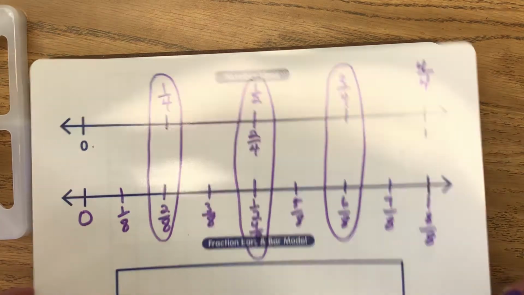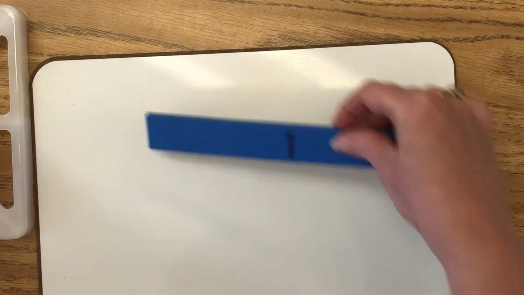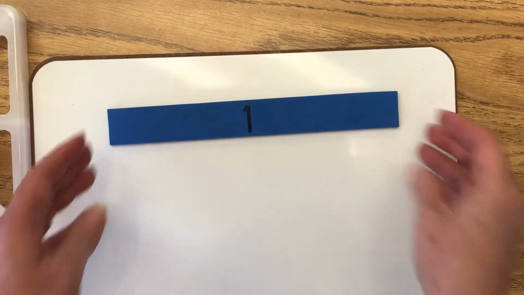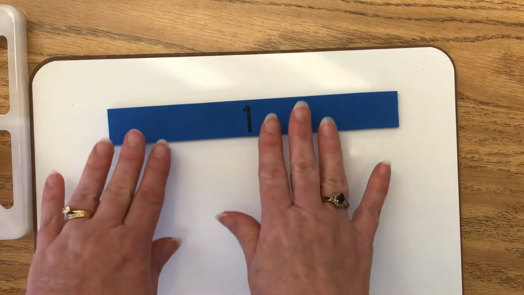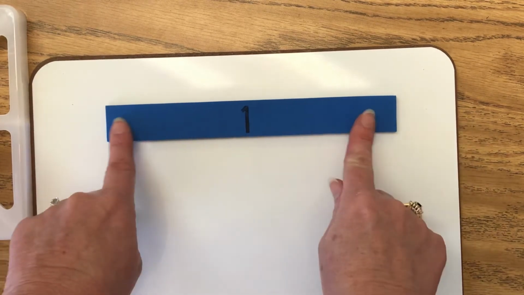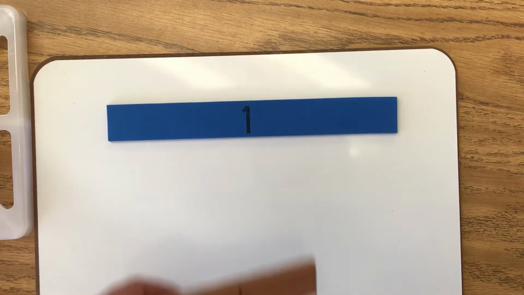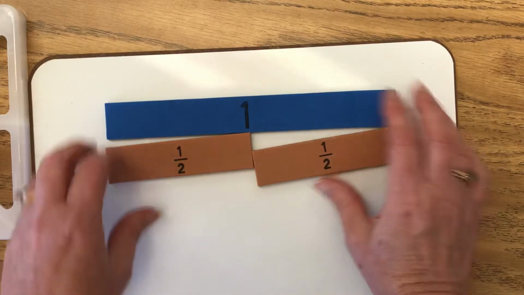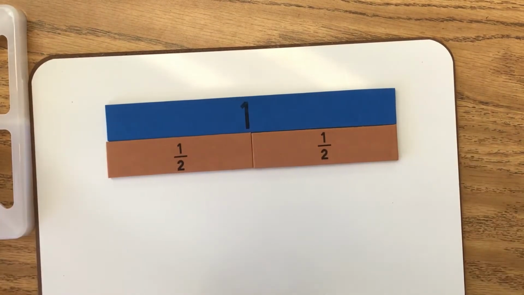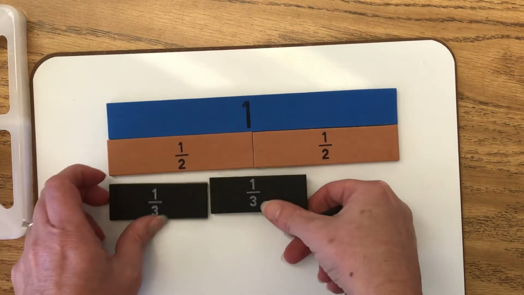So we can use number lines and we can use fraction strips. Okay, here I have, this is 1. We have to make sure we're using the same whole. So this is 1. This is representing 1. So 2/2 equals 1. And 3/3 equals 1.